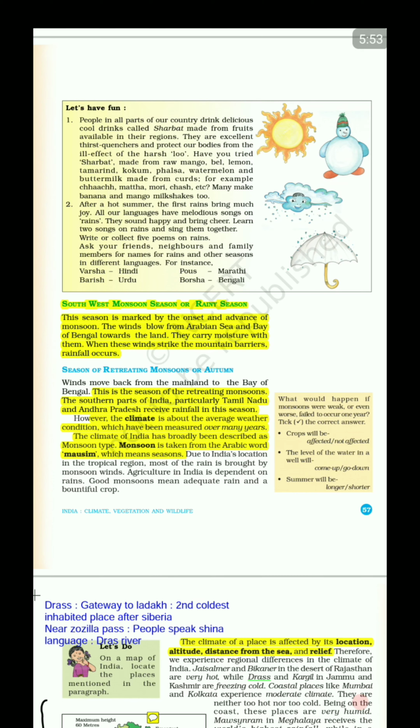These are northeast winds: they come from the northeast, take some water, and parts of Andhra and Tamil Nadu receive rain. So these are winter rains. Nowhere else in India do we receive winter rain like this.